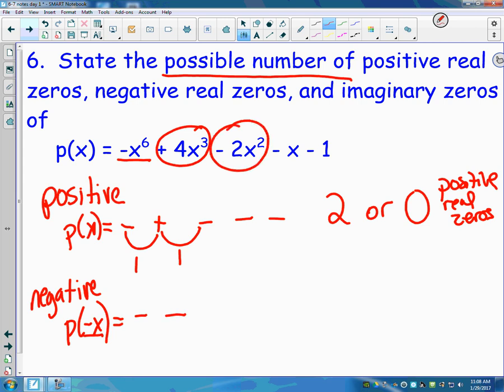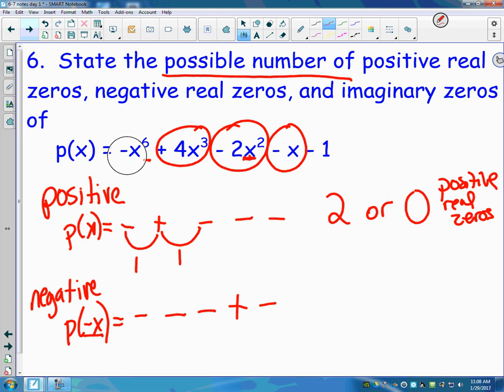What about this one? If I plug a negative x in here, nothing's going to change, right? It's going to stay the same. So that sign in front is going to stay negative. This one's an odd exponent, so if I plug a negative x in there, that's going to change that to positive x. And the number at the end doesn't even have an x in it, so it's never going to change.